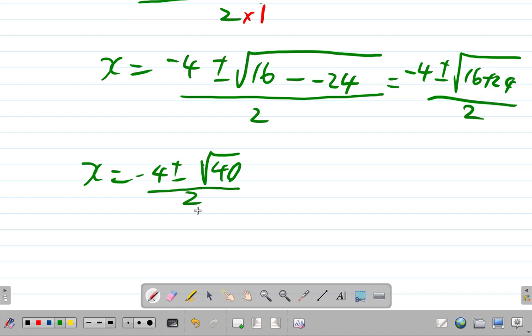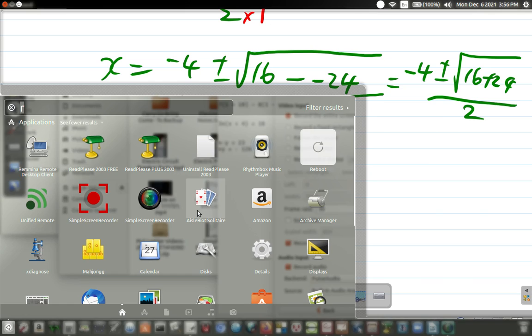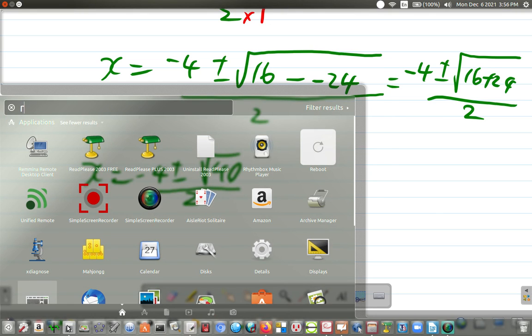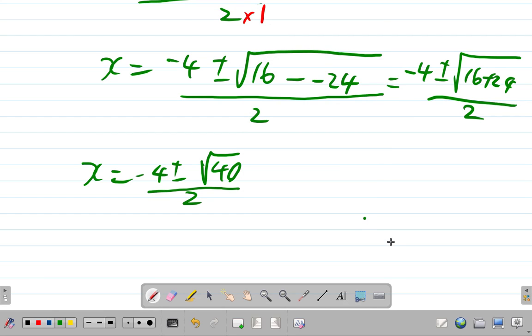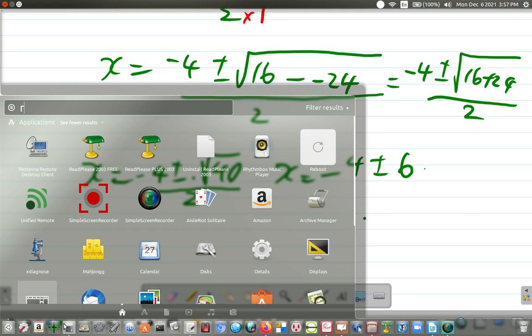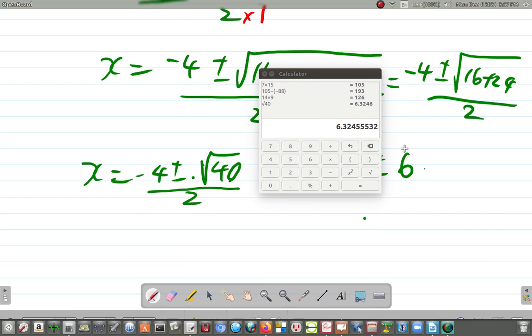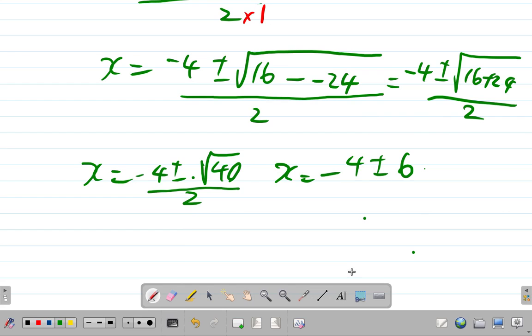Let's just find the square root of 40 with our calculator. So the square root of 40 is equal to 6.325. So what we have is x is equal to negative 4 plus or minus 6.325.